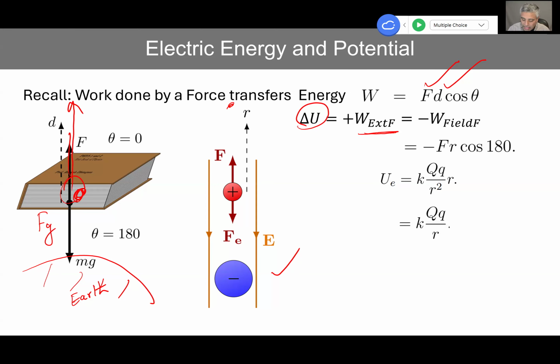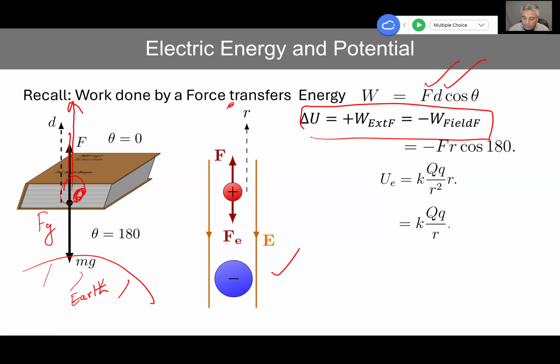So anyway, change in potential energy and work done are kind of opposite. They have opposite sign, which we learned in physics 1 as well when we talked about gravitational potential energy. If you did not learn it, then learn it now, okay?